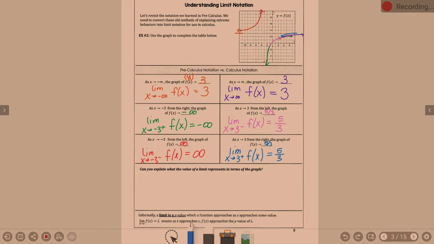A limit can also occur at a hole, which is a removable discontinuity, or approach an asymptote or infinite discontinuity. I'm more concerned with what the value of a limit represents in terms of the graph. It is the y value. That's what I would think about.